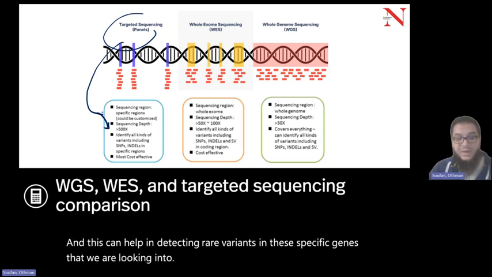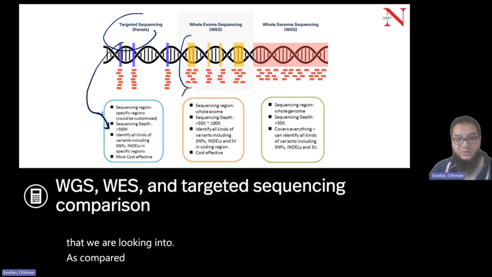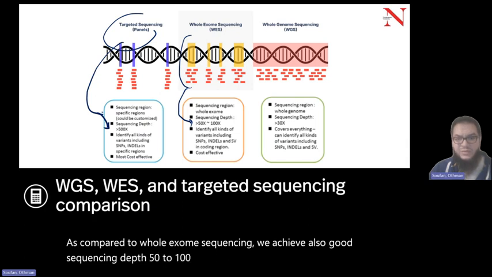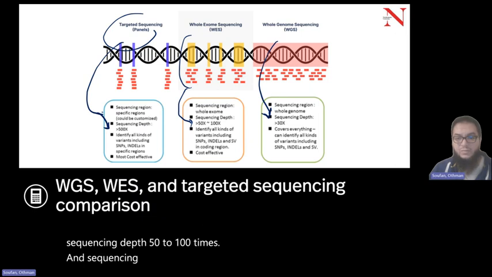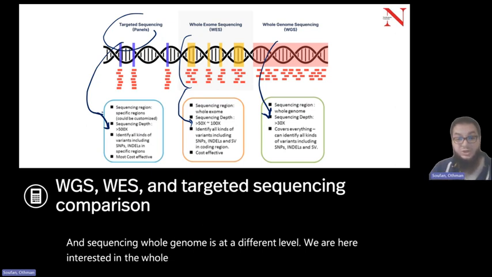As compared to whole exome sequencing, we achieve also good sequencing depth, 50 to 100 times. And sequencing whole genome is at a different level. We are here interested in the whole genome instead of specific regions.